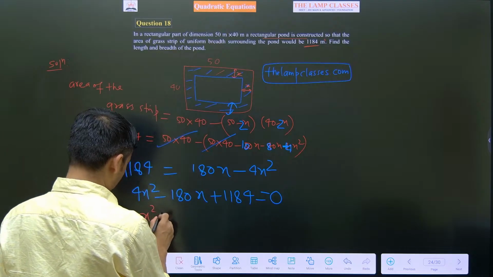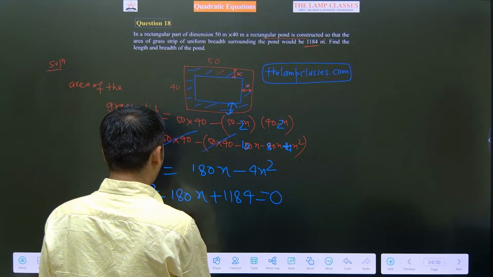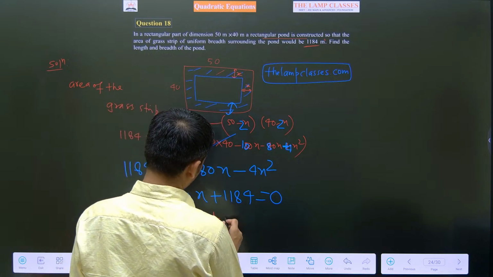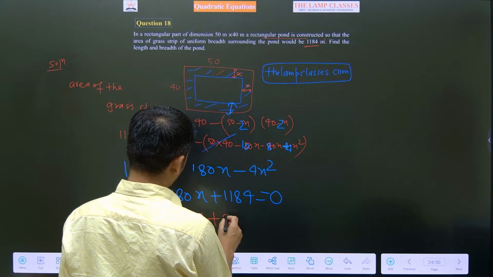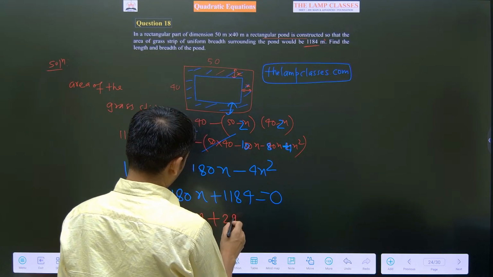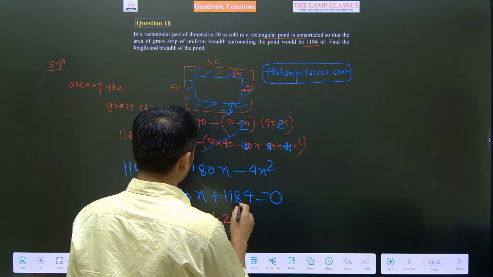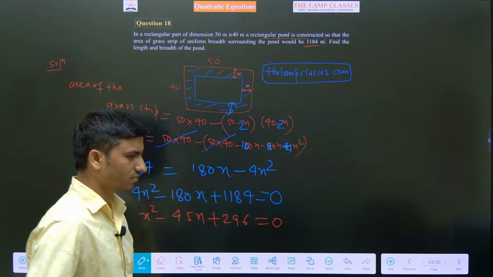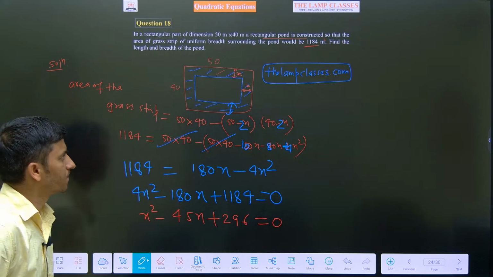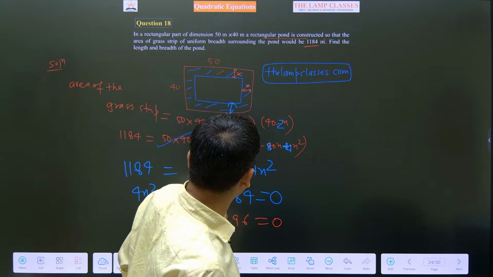So that brought this number to be a smaller thing, and after that factorization will be easy, right? x square minus 45x plus, divide that by 4. Yeah, now solve it. x square minus 45x plus 296 is equal to 0.